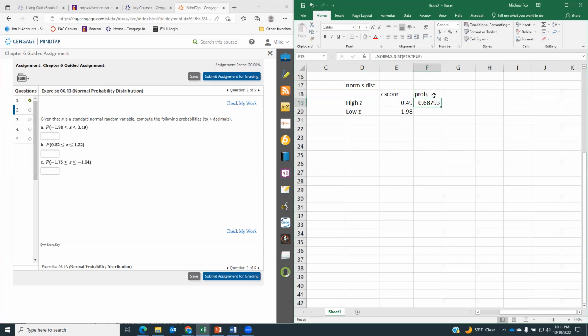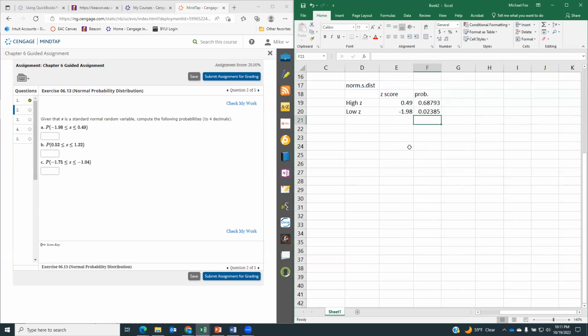So 68.79%. Now I'll do the probability of my lower z-score. And there's only a 0.02385 probability of getting a z of negative 1.98.